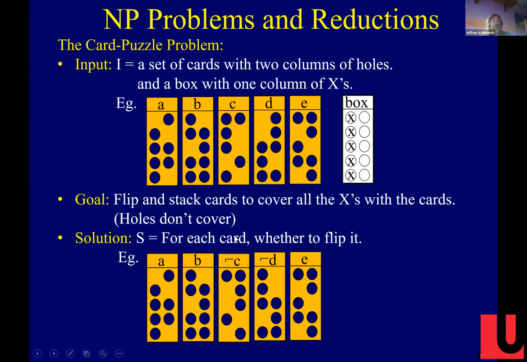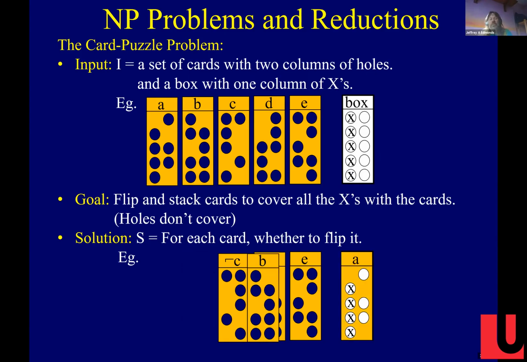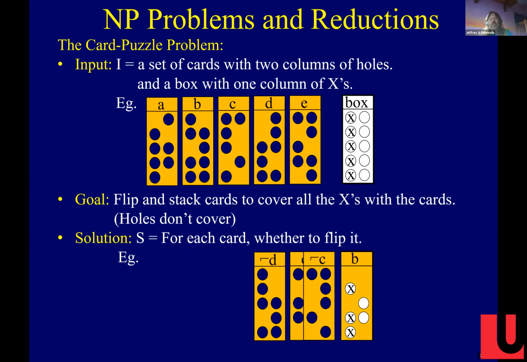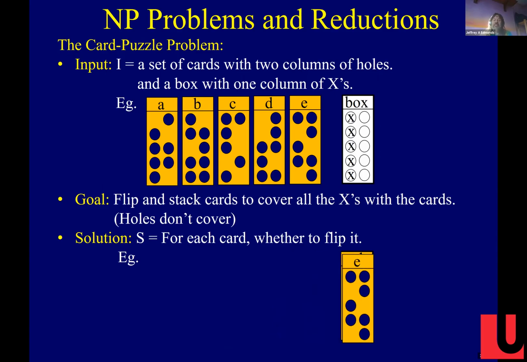I had a hole here, but I fixed that. So now you take this card here, you flip it left to right, and you have a proper flipping of the card. And what happens is you flip them in various ways so that when you stack them all up, it covers all the X's.